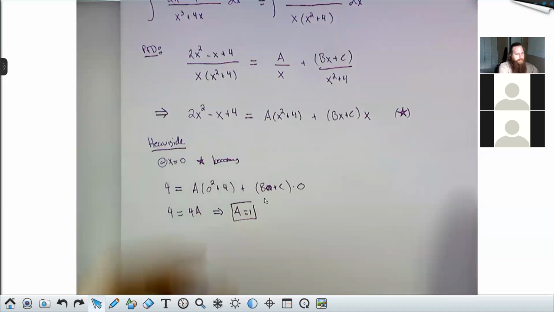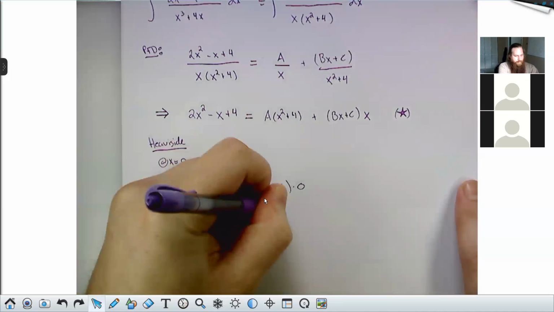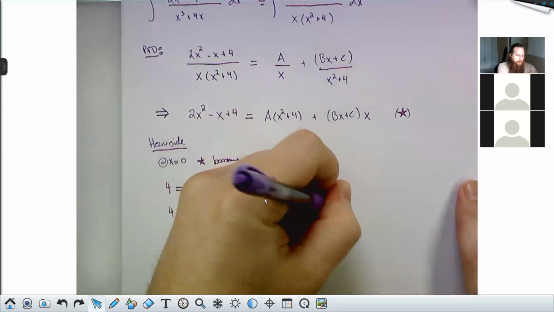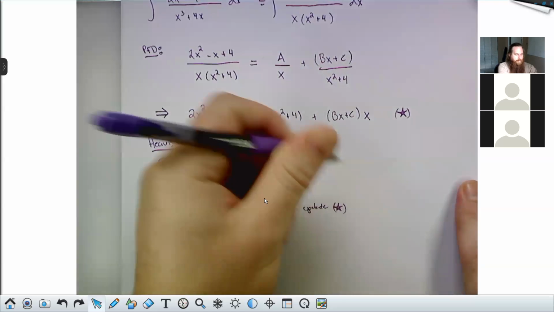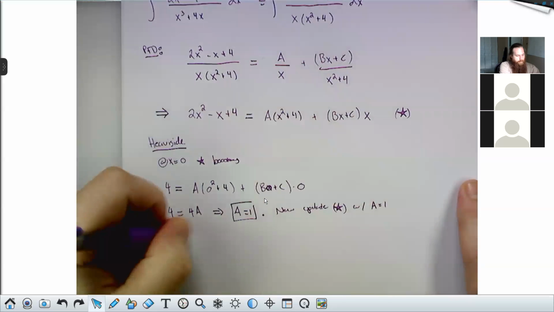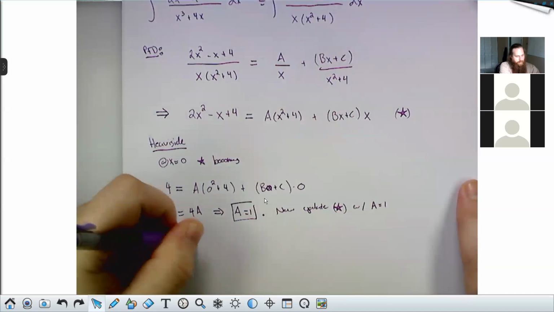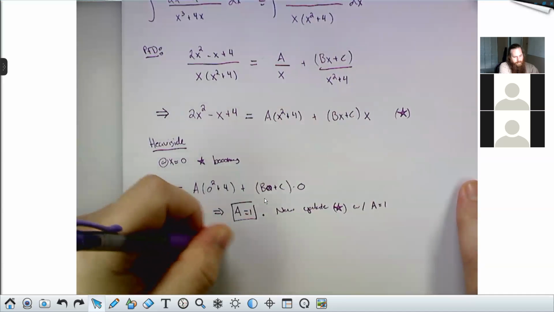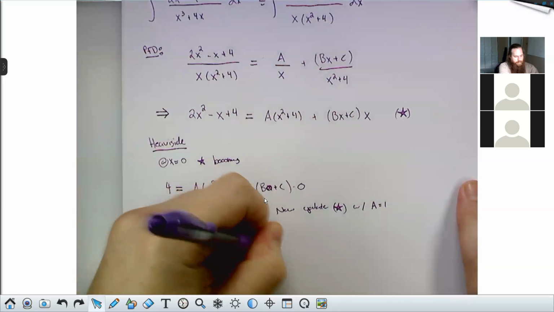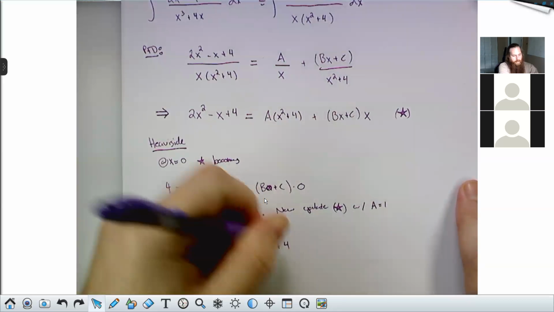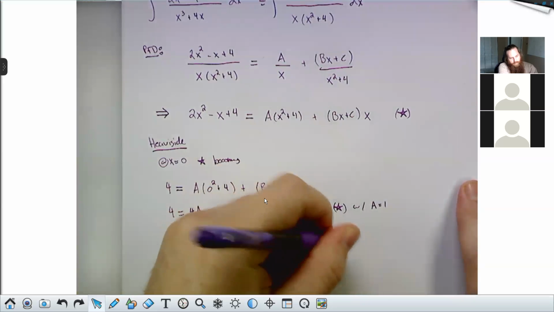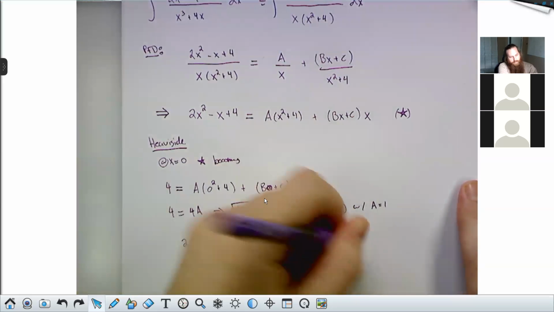So instead, now I update my equation star with the information that a is equal to 1, and it will become 2x squared minus x plus 4 equals 1 times x squared plus 4, that's just x squared plus 4, plus bx plus c times x.